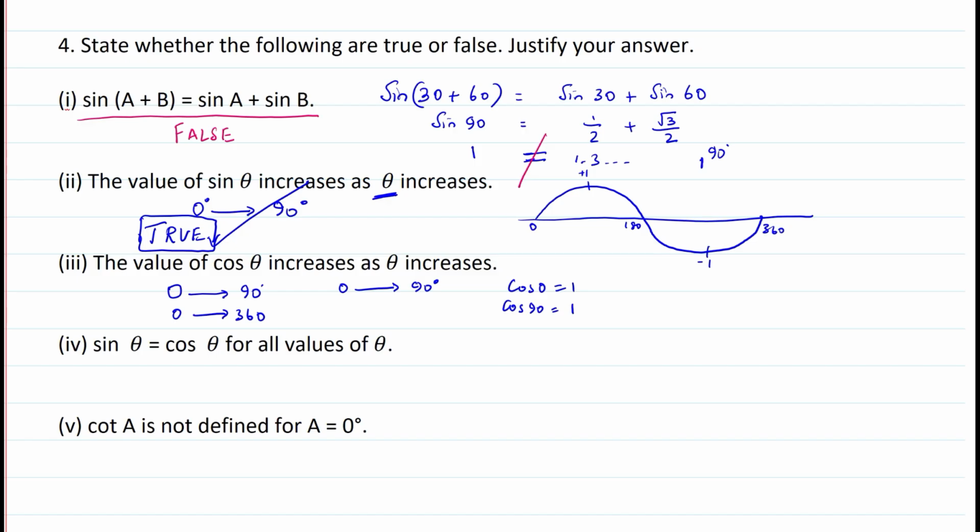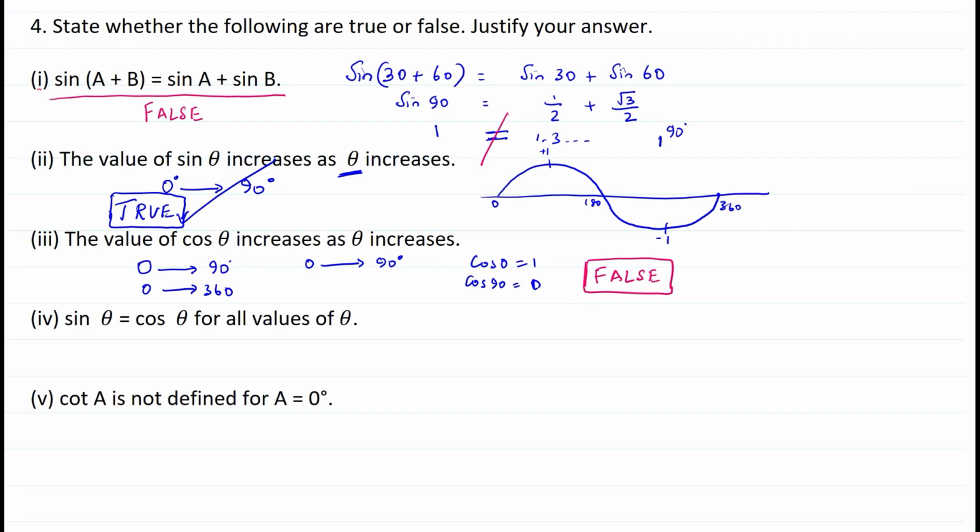So as theta increases, the value of cos reduces. Therefore, this answer is false. It says cos value increases with increase in angle. It's false.